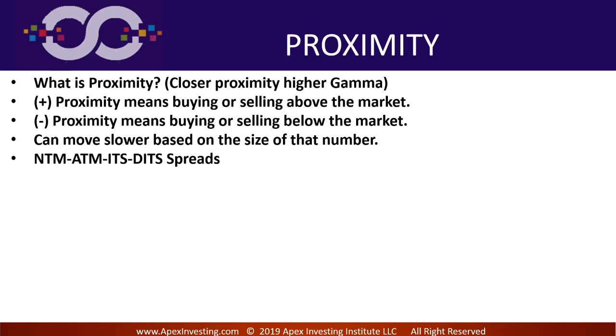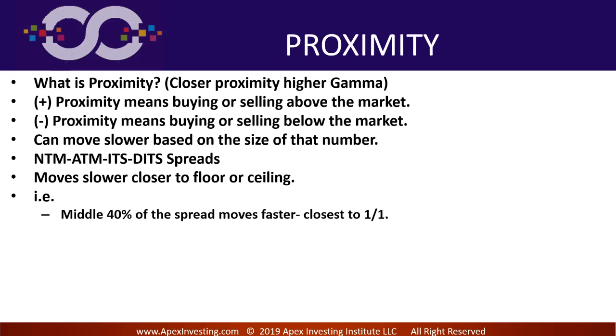And remember, we've got near the market, at the money, in the spread, deep in the spread, all these spreads. The closer you get to the floor or the ceiling, the slower they move. We've talked about that. And the middle 40% of the spread usually moves faster, closer to a 1-to-1. I'm going to talk about this again more when we get into speed.